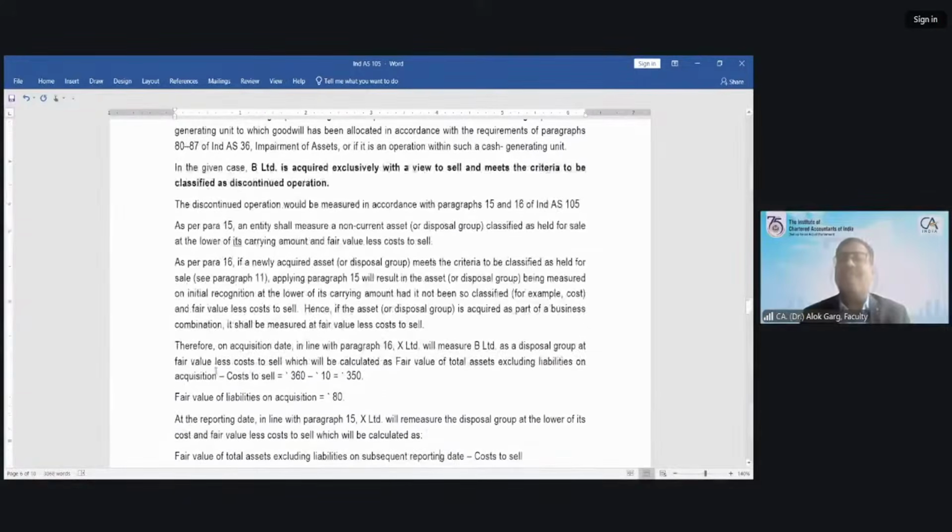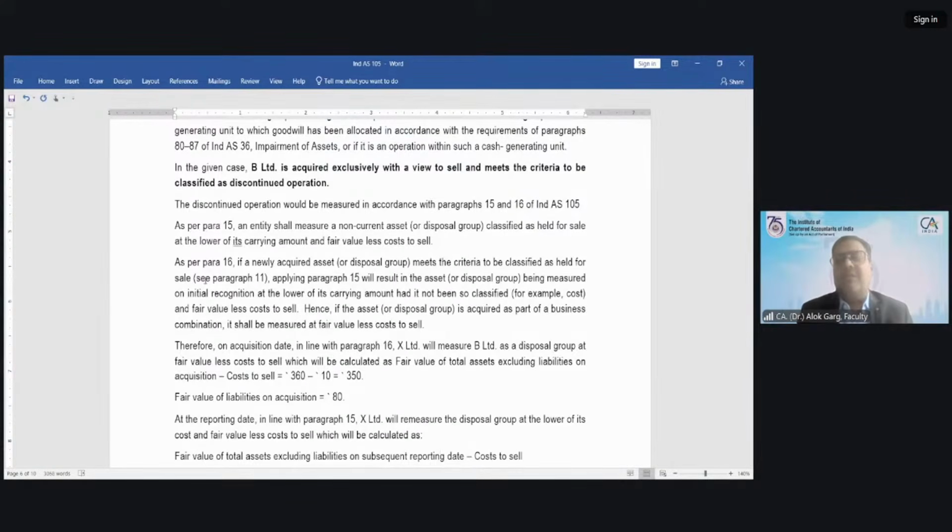And what is the measurement paragraph? How does a discontinued operation, or a disposal group, or an individual asset held for sale, get measured? It is measured at carrying value or fair value less cost to sell, whichever is lower.